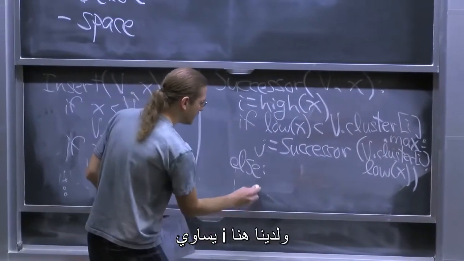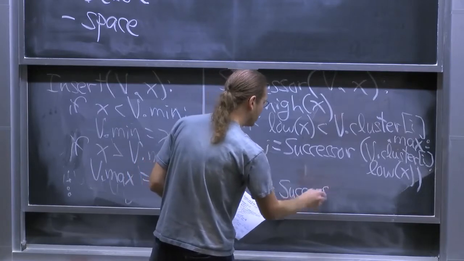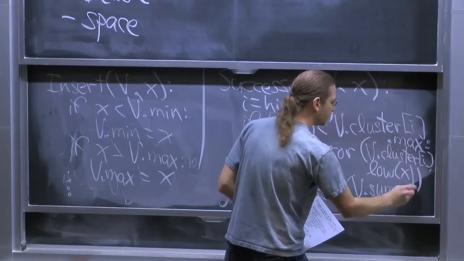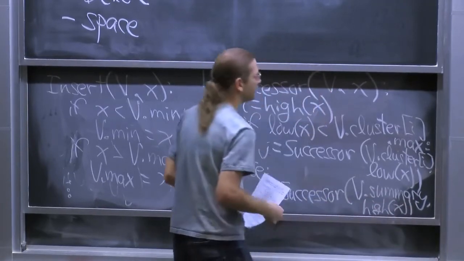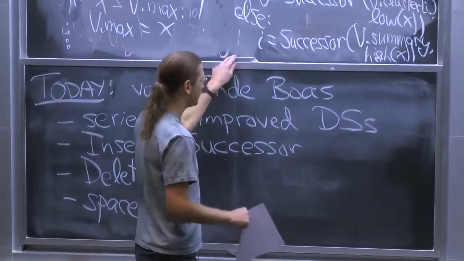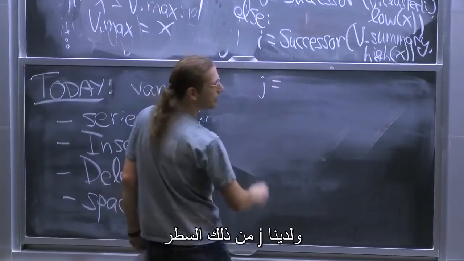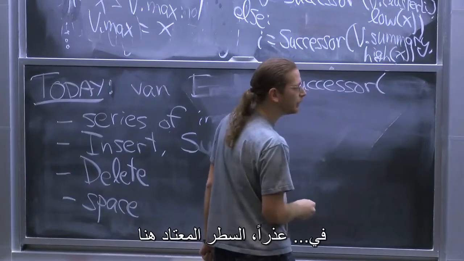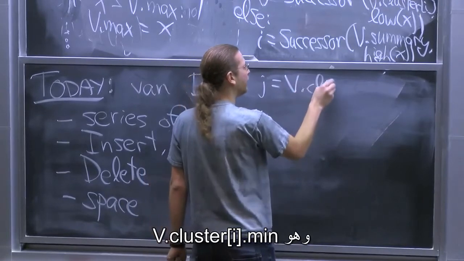Okay, so this is going to be i equals the successor within v.summary of high of x, and then j is that line successor, the line that I used to have here, which is going to be v.cluster[i].min.